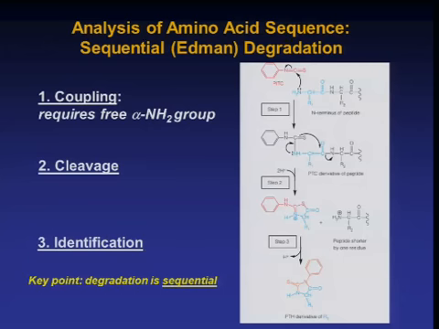Okay, so Edman degradation. The important point here is the sequencing of the protein is done sequentially, so that there's a free amino group here that is absolutely required to be derivatized by PITC. So this amino terminus can come from one of two places.